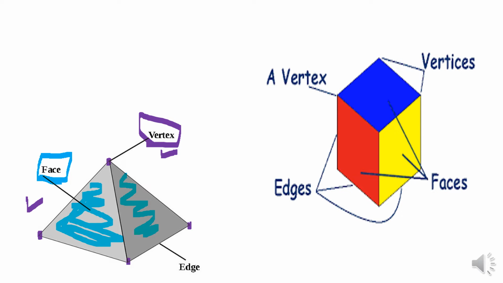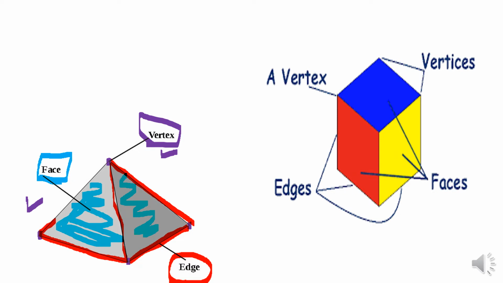Now let's study what I mean by the edge. Any straight line in my shape, it will be the edge. So this is the first edge. Here I have the second. Here I have the third. Here I have fourth. And here I have the fifth.